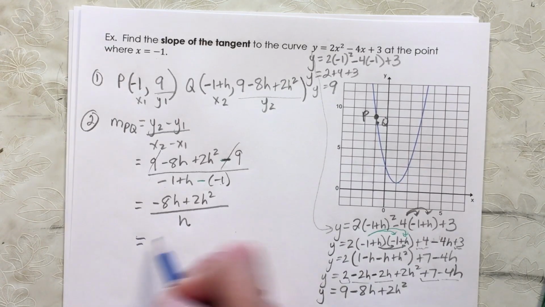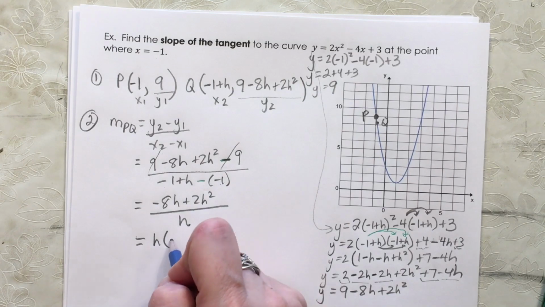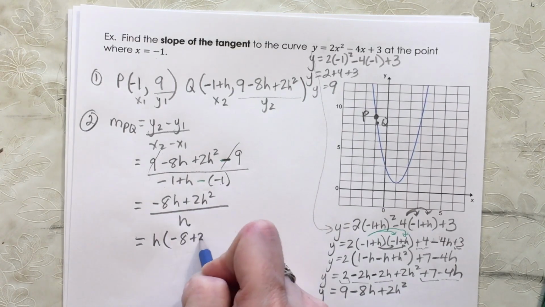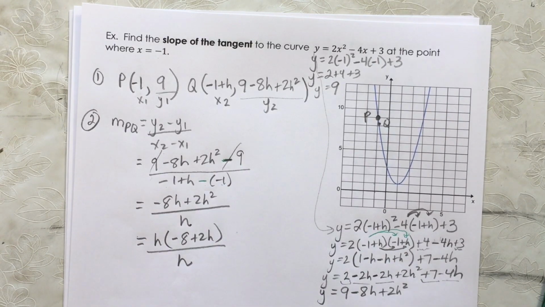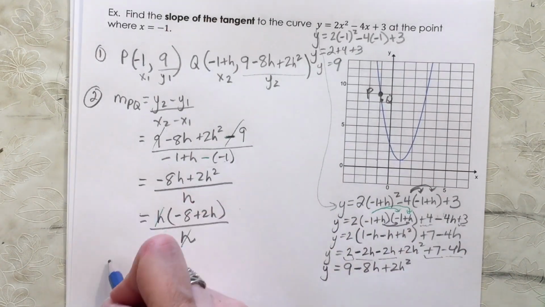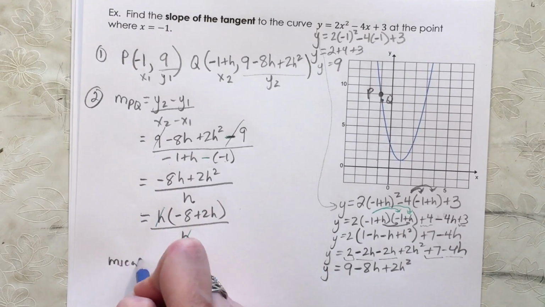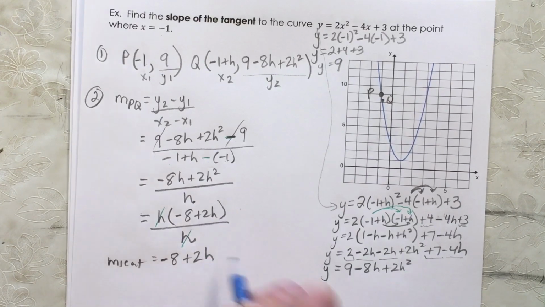So then I can common factor h in the numerator so that I can divide out that h in the denominator. So I've got that the slope of the secant is equal to -8 plus 2h. So there's my step 2.